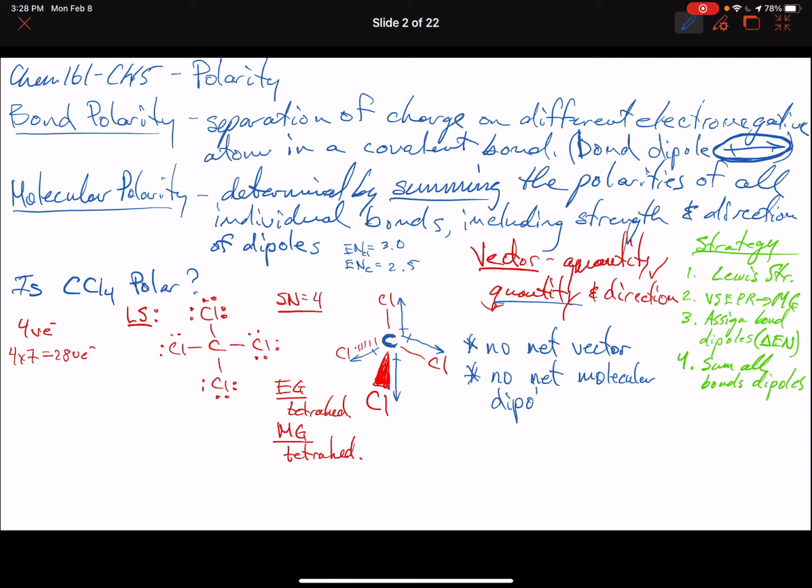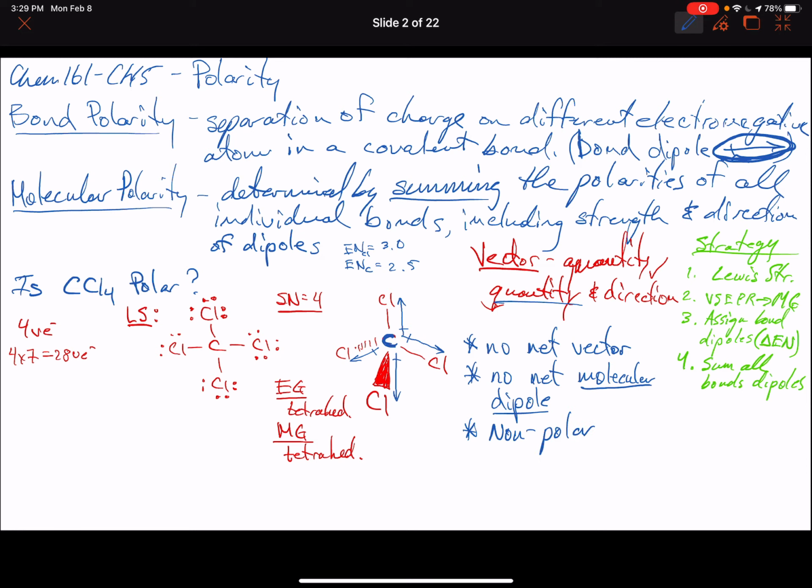A molecular dipole would be the sum of all the individual bond dipoles. So no net molecular dipole. There's nothing to draw as the sum of all these 4 individual blue bond dipoles. So this tells us that this molecule is non-polar as a result.